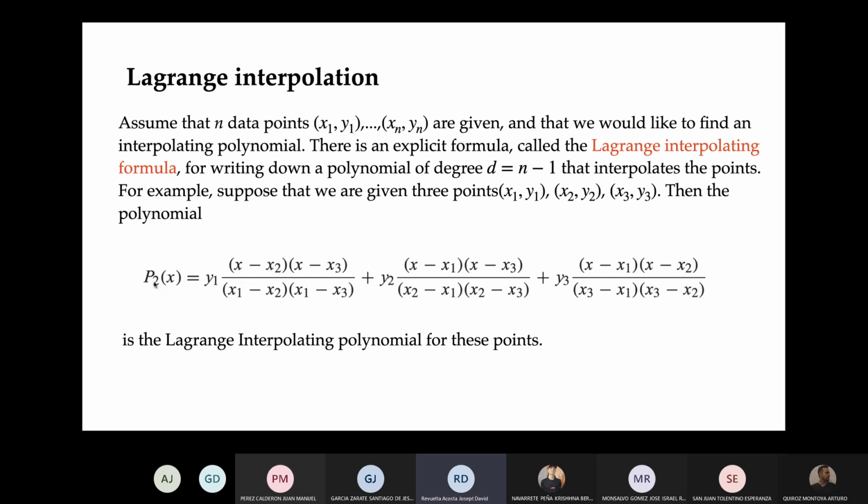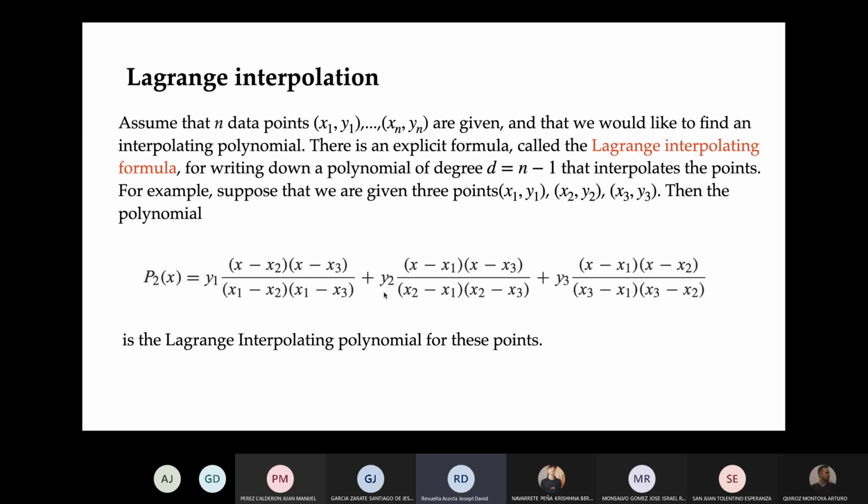Then the polynomial p2, which is degree 2, is going to be equal to y1 times (x minus x2) times (x minus x3) divided by (x1 minus x2) times (x1 minus x3), plus y2 times (x minus x1)(x minus x3) divided by (x2 minus x1)(x2 minus x3), and then plus y3 times (x minus x1)(x minus x2) divided by (x3 minus x1)(x3 minus x2).